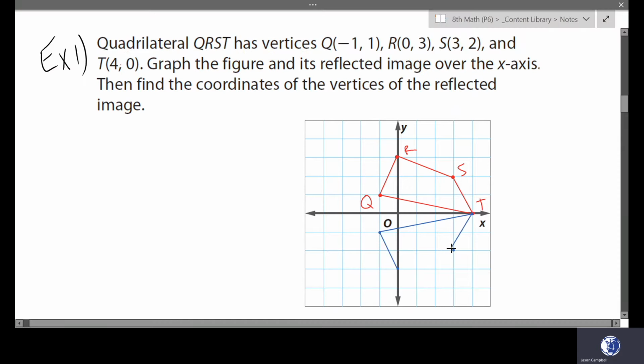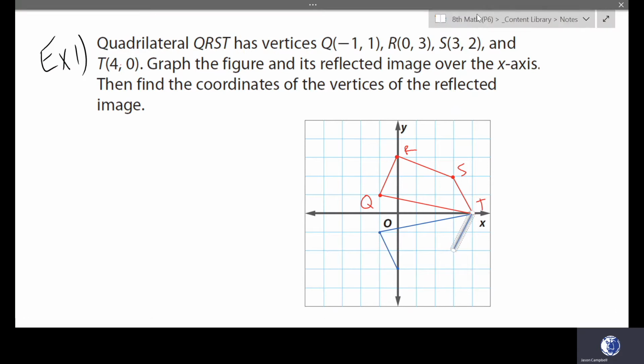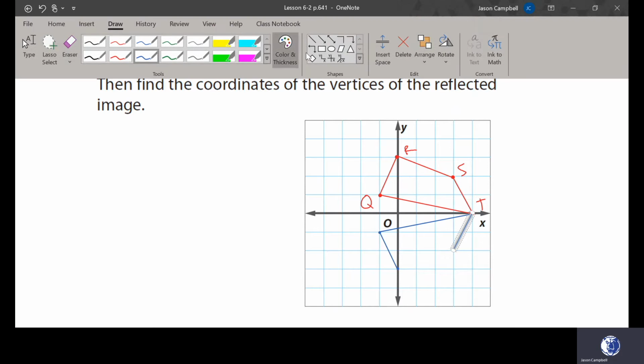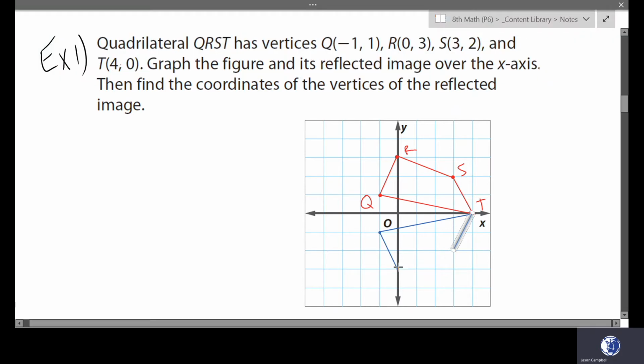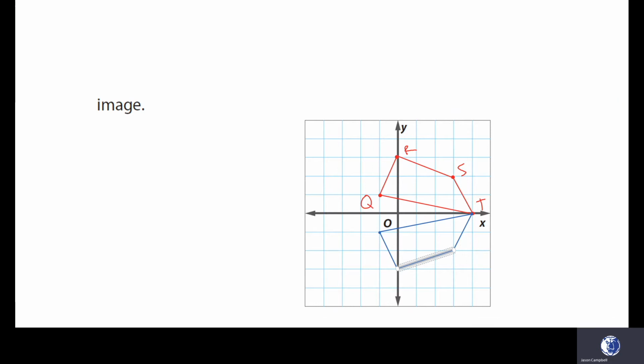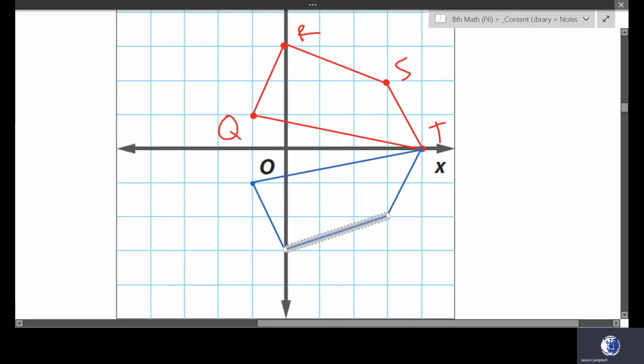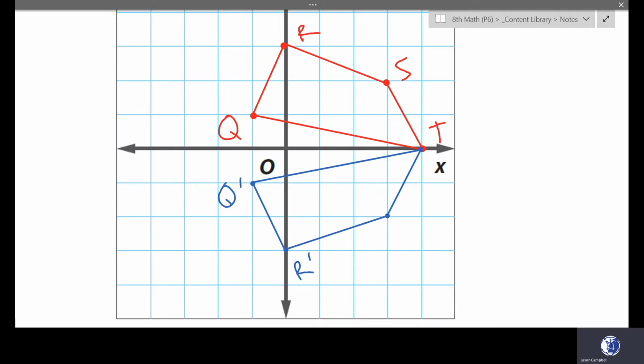T prime to S prime, and R prime to S prime. Okay, so as we go in to label these points, we have Q prime, R prime, S prime, and T prime.